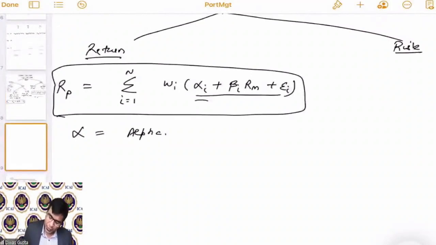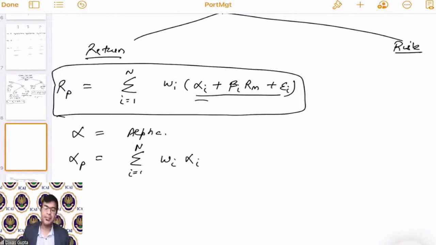So sometimes the question can ask you what is the portfolio alpha. So portfolio alpha is nothing but the weighted average of the individual securities' alpha, correct? So this is summation i equal to 1 to n, weight i and alpha i, simple. So we'll take all the securities, multiply their alphas with the respective weights and take a summation of it.